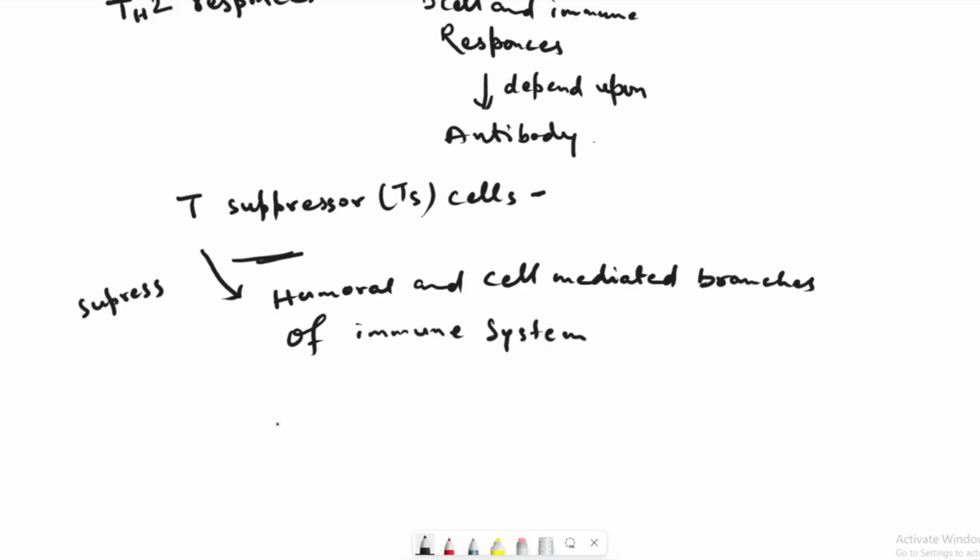For this reason, it is uncertain whether Ts cells do indeed constitute a separate functional subpopulation of T cells. Some immunologists believe that the suppression mediated by T cells observed in some systems is simply the consequence of activities of TH or TC subpopulations whose end result is suppressive.